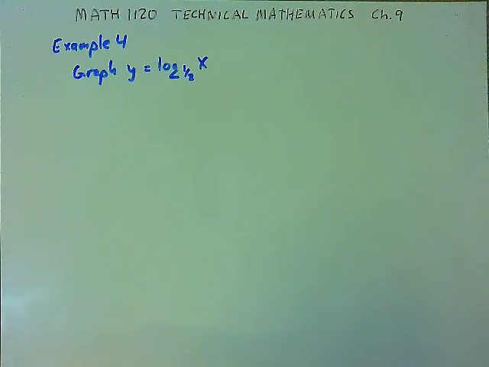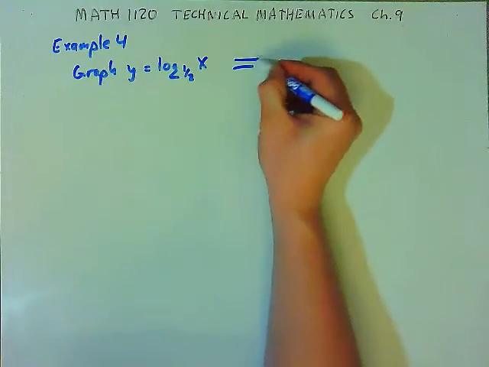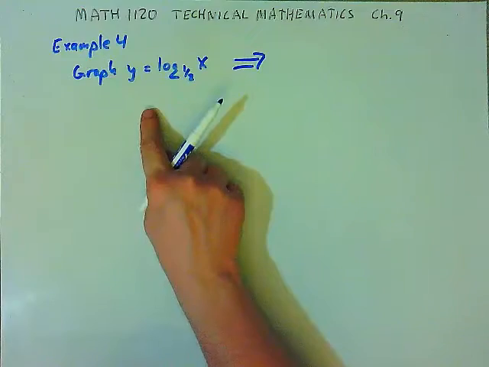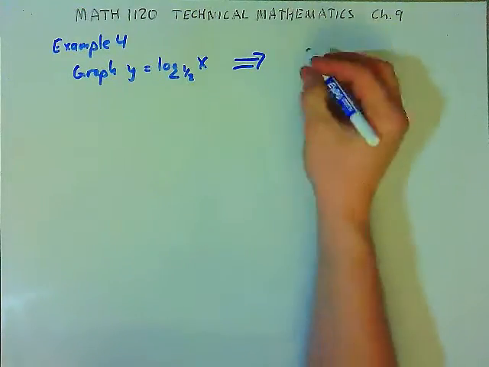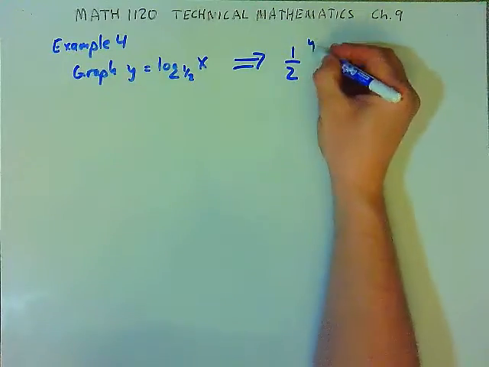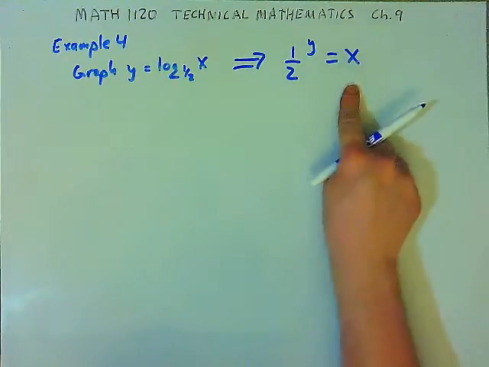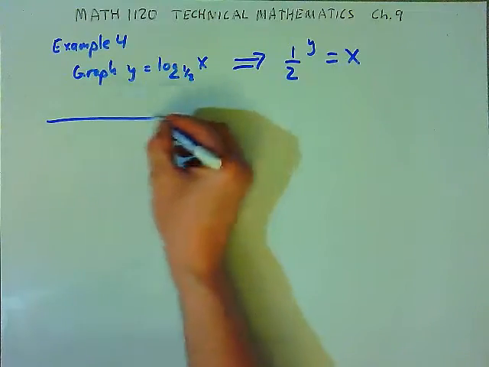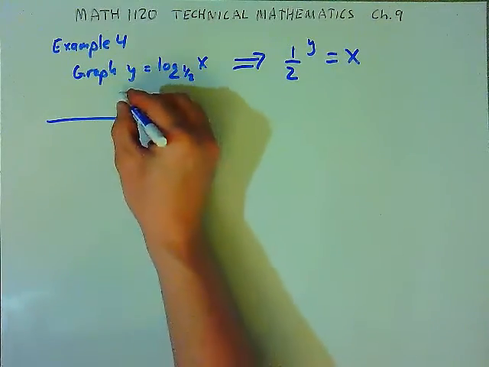This is example 4. It says graph y equals log base 1/2 of x. And so again, it's going to be a lot easier for us to do this if we first change this into exponential form. The base is 1/2. The exponent is y. And this will be equal to x. And so we will plot some ordered pairs.